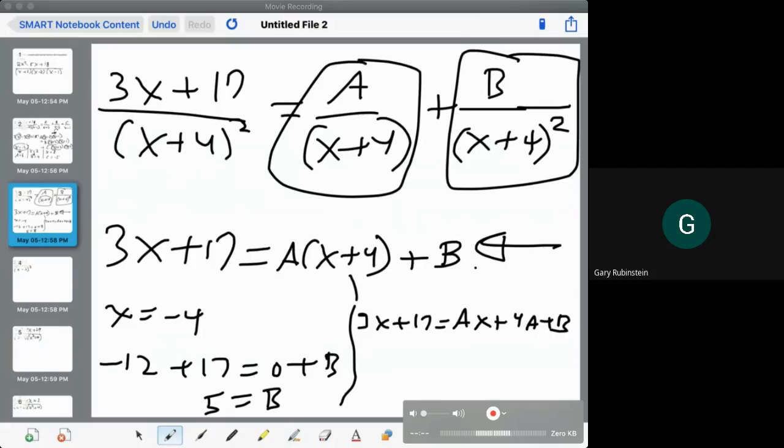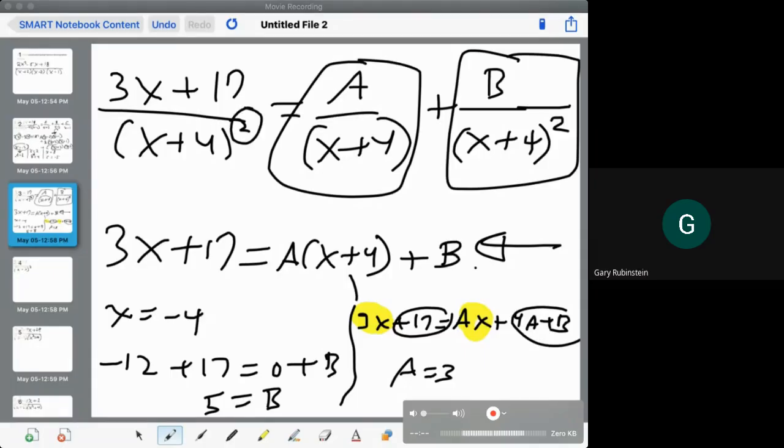And you see, this is really nice because ax became 3x, so a was 3 that way also. Or if you want, you could take 4a plus b equals 17, but there really wouldn't be any need to. Okay, so that's how you do it when there is an exponent here.